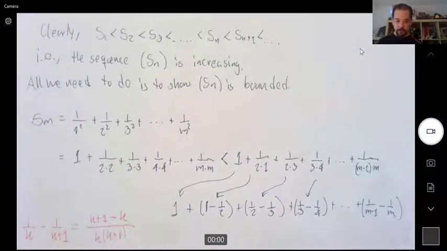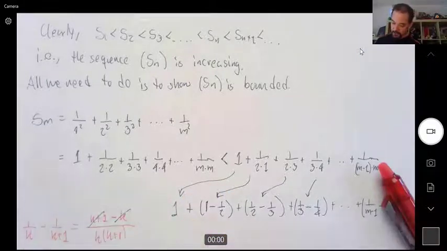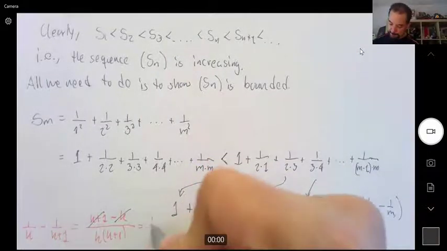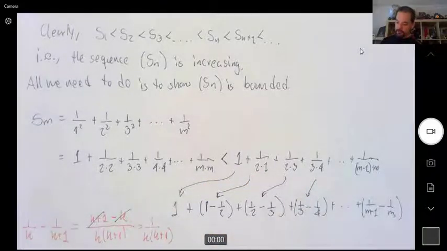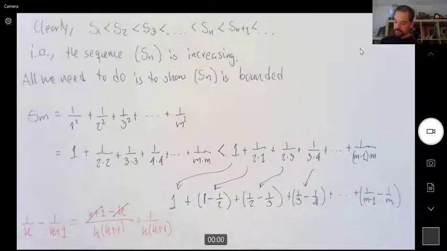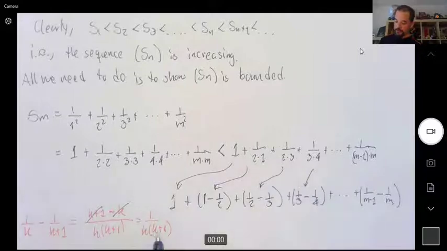When you do that, these cancel, and you get 1 over k times k plus 1. So what I'm doing is using this in reverse. I'm starting with 1 over k times k plus 1, like 3 and 4, 4 and 5, 2 and 3, and changing it so that it now looks like 1/2 minus 1/3, or 1/3 minus 1/4, etc.